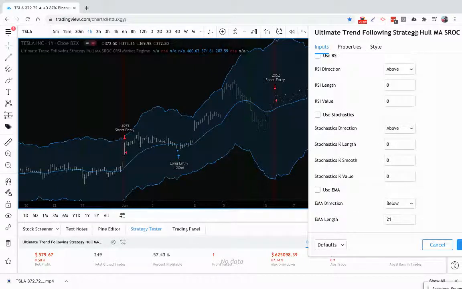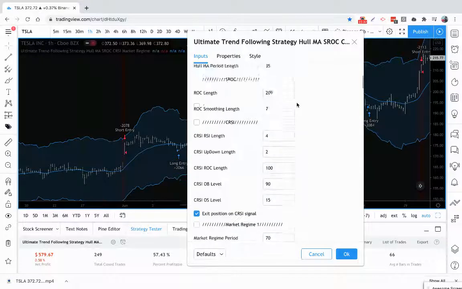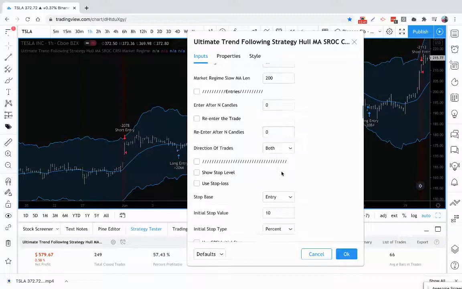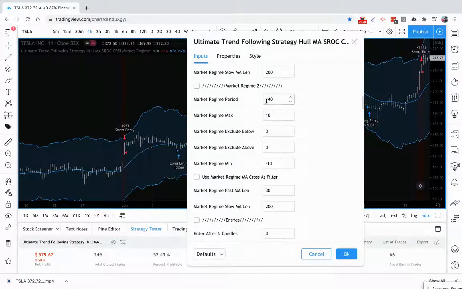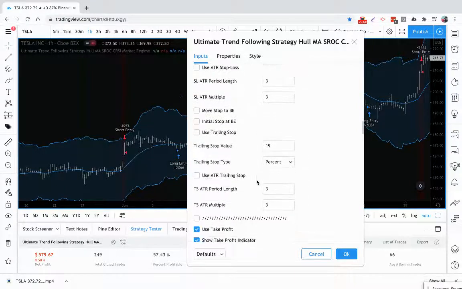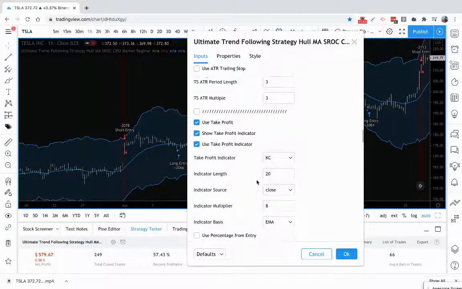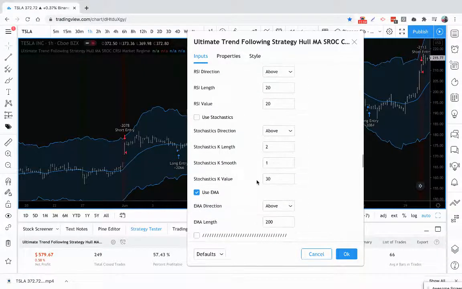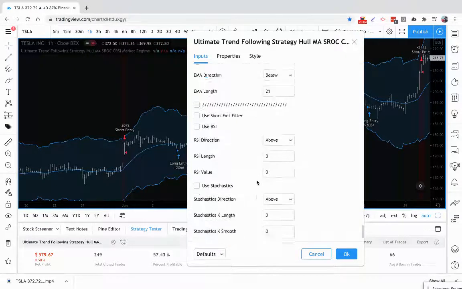So that's how to use this for the Connors RSI and the standard rate of change. So all the stop loss, the market regimes, which we have a whole video on, just on market regimes. So whether you're using the market regimes to take profits, the stop losses, which are up here, to take profits, the long entry filters, short entry filters, or the long exits.